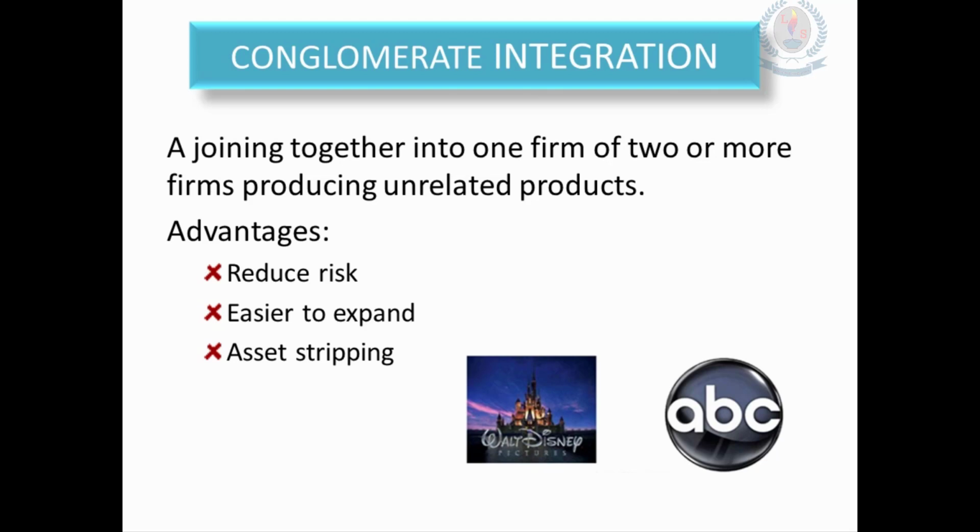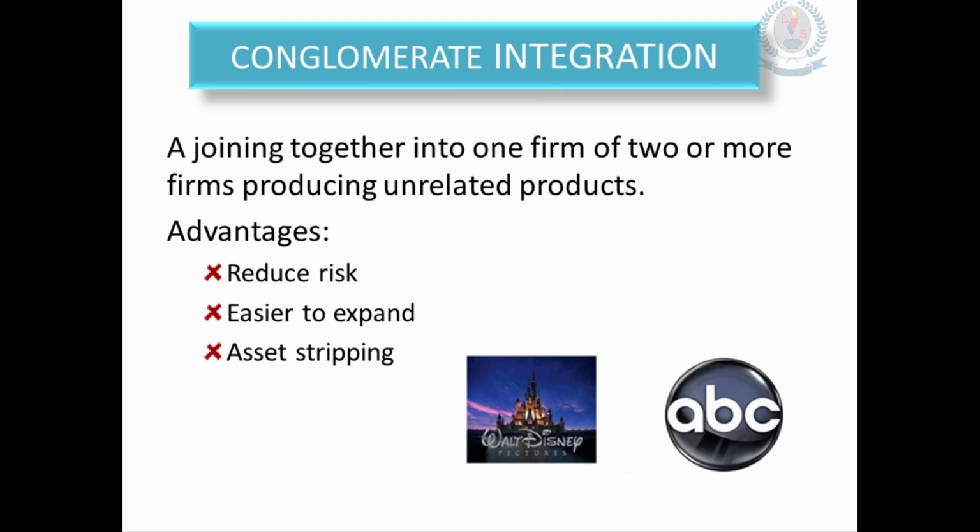Okay, so now we are going to talk about advantages. First one is reduced risk. It means buying another firm operating in a completely different market means that a firm is not so dependent on the ups and downs of one market. It is also easier to expand, because a conglomerate's operations are independent.